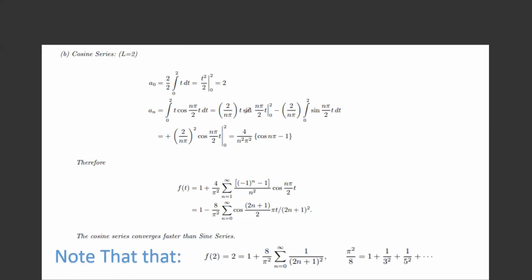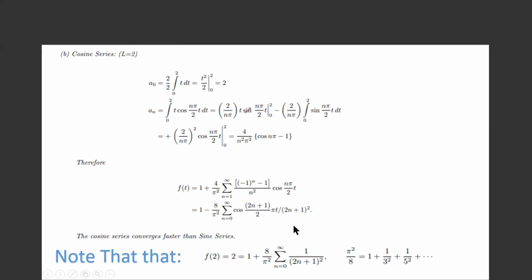Again, my function is f of x equal to x, so f of 2 will be 2. This function value at x equal to 2 is the same as this Fourier series for my function when x equal to 2. X or t doesn't matter, because this is the same symbol for the independent variable.